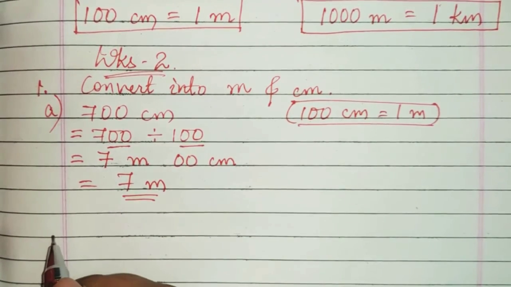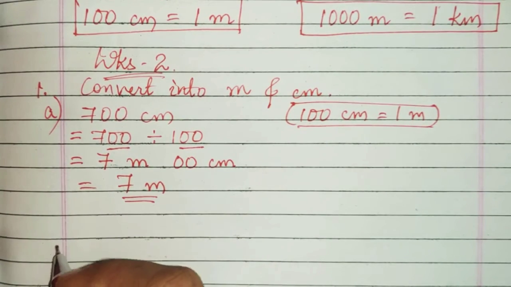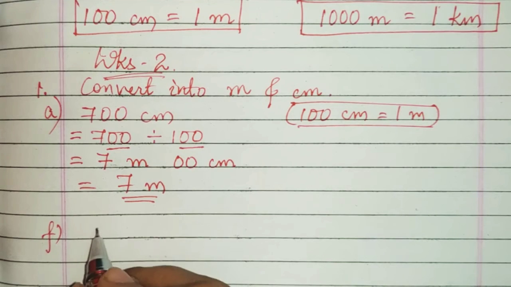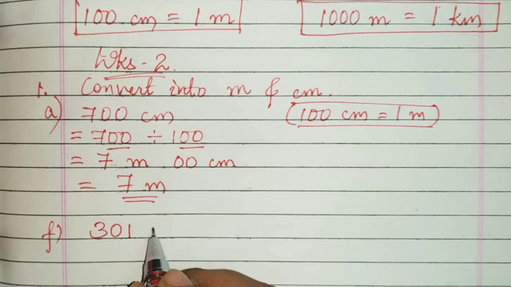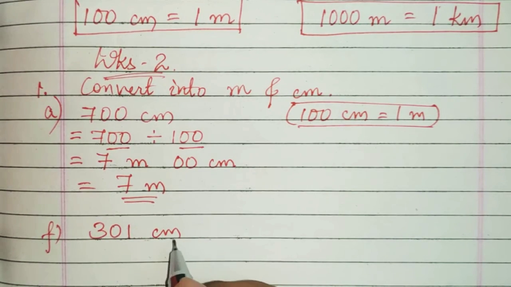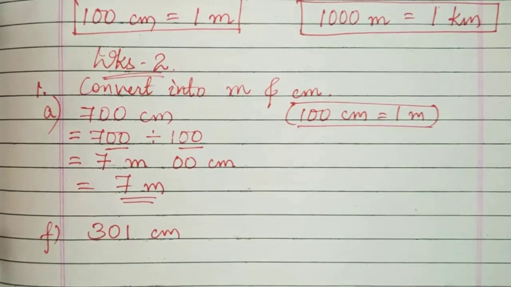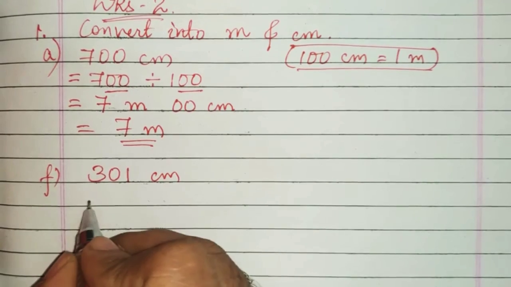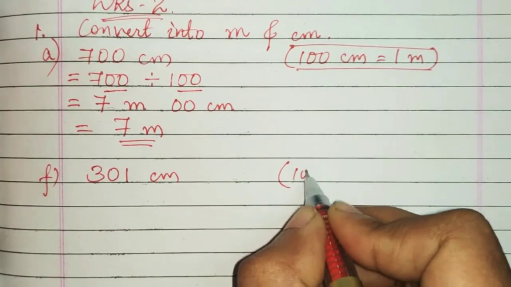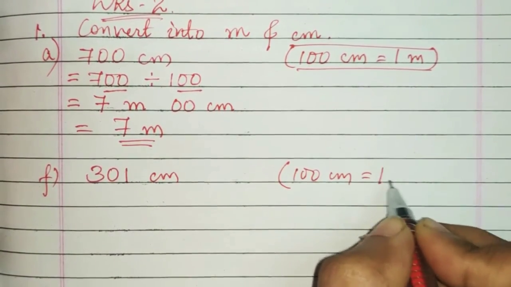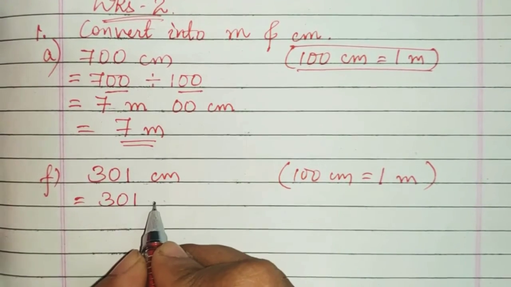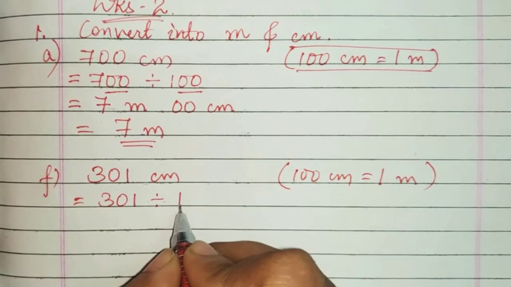Let's see one more example, and let me take one more, that is F. Let me take F, and that is 301 centimeter. So how we are going to do this? Let's see. It's the same way. Okay. 100 centimeter is equal to 1 meter. Now this is equal to 301 divided by 100.